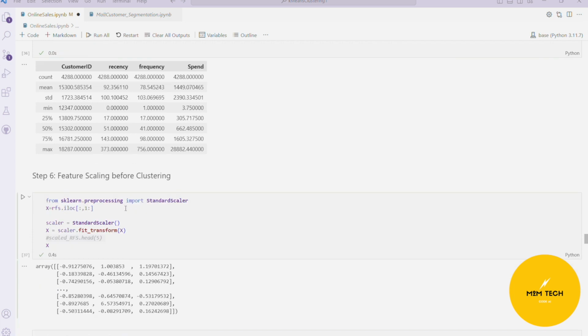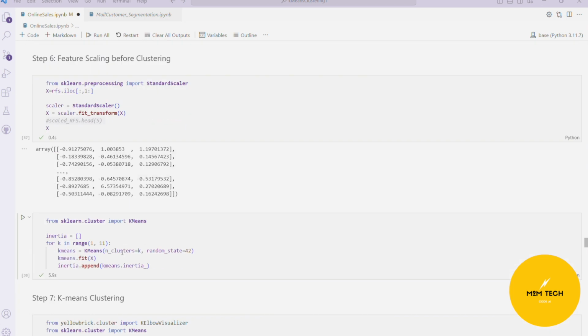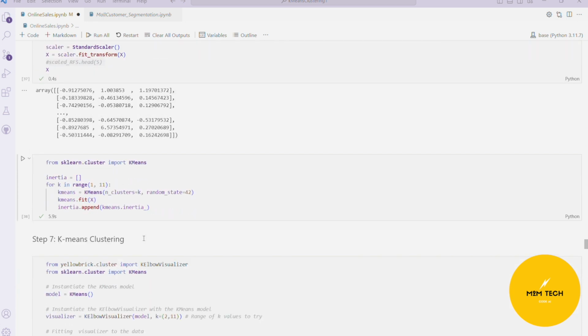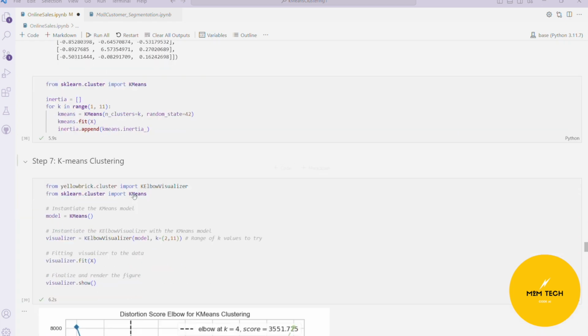So after doing that, I scaled the RFS data frame, and then I went ahead to import k-means to calculate the inertia for the k-means model.